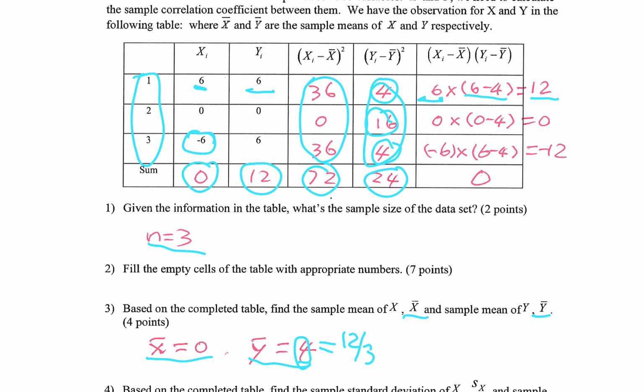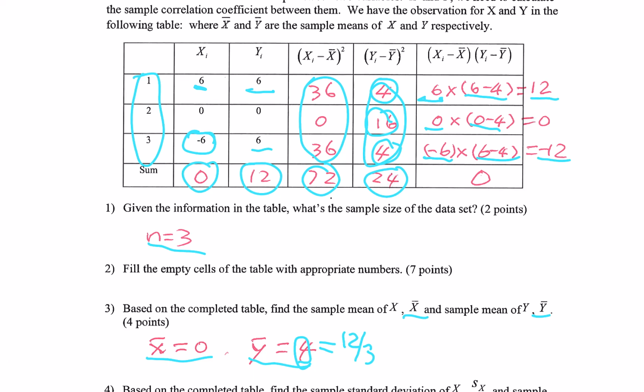And then 0 minus 0 is still 0, but 0 minus 4 is negative 4. But you multiply 0 with a number, which is always 0. And negative 6 minus 0 is negative 6, and 6 minus 4 is 2. Negative 6 times 2 is negative 12. So you add together, you end up with 0.